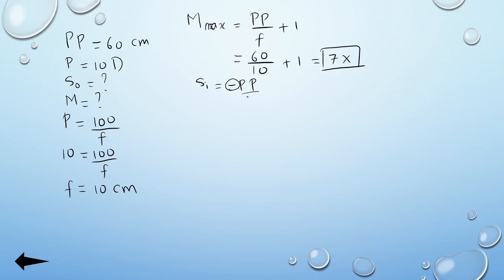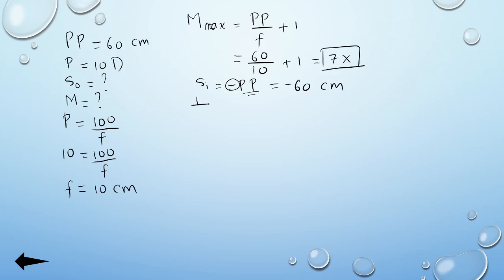And then, why is this PP? Because the person is using the magnifying glass with maximum accommodation. So, the image must be formed exactly at the near point of the person. So, the SI equals negative 60 cm.